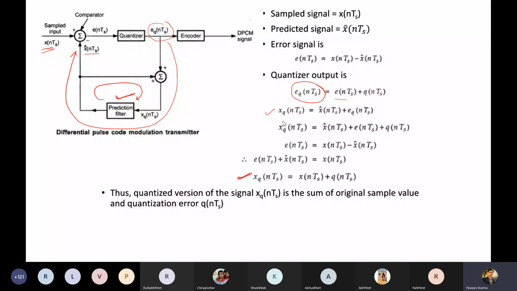So with this, we take a pause at this point and we'll continue discussing differential PCM. So one thing has to be clear, PCM is simple sampling, quantization, encoding, that's it. Differential PCM, why do we do it? Because relatively the successive values are highly correlated.